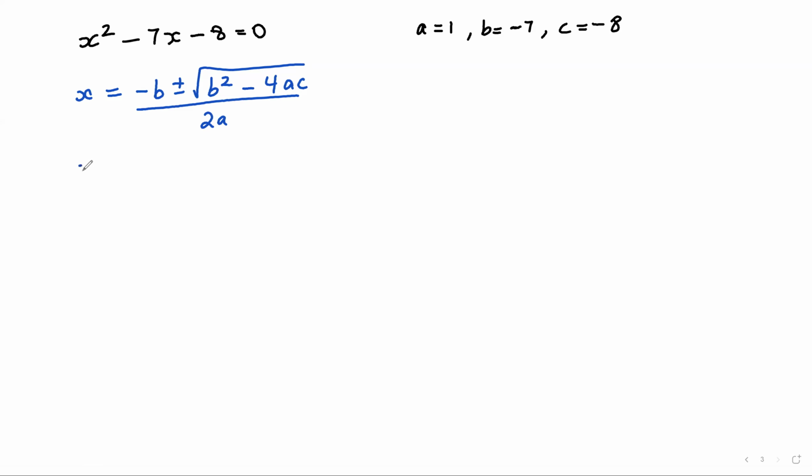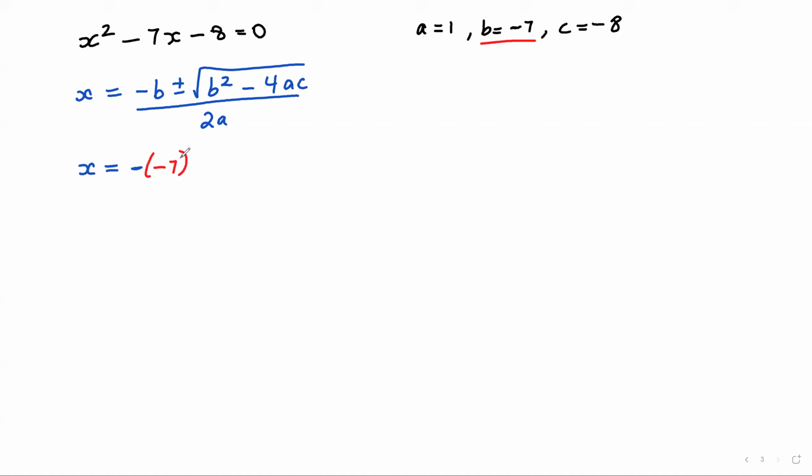Now, guys, I want you to be very careful here. The formula itself has a minus in front of that B, so you have to keep that minus in front of that B. And B in this one is negative 7, so in brackets I'll put negative 7.